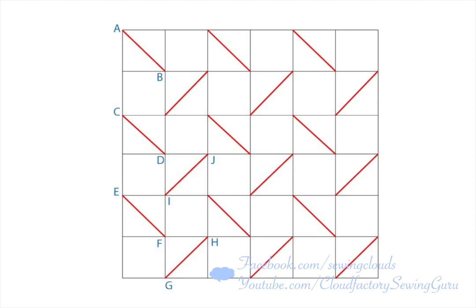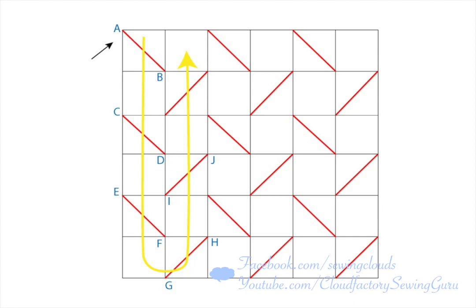Also, you can find letters. In both cases, you have to follow the order of the numbers or the letters in increasing order. I mean, you have to start with 1, 2, 3, 4, or A, B, C, D, etc. And also sometimes you will find arrows to show you where to start the sample, and another arrow to show you the direction to stitch the units one after another.